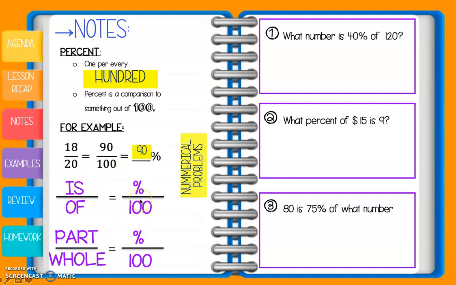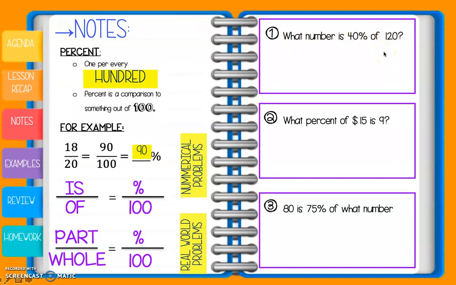Now, when we have a real world problem, those words is and of aren't always there. So sometimes we're going to have to pick out the part, pick out the whole, and set it equal to a percent over 100. If you look at 1, 2, and 3, these are all numerical problems, so we're going to be using is over of equals percent over 100 for each of these. It says, what number is 40% of 120?